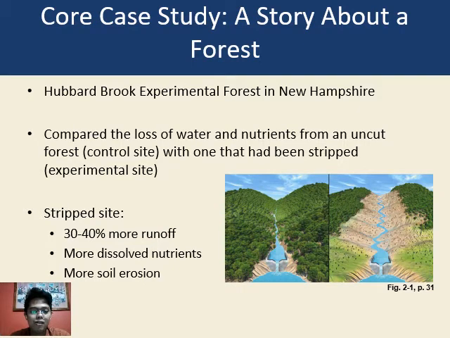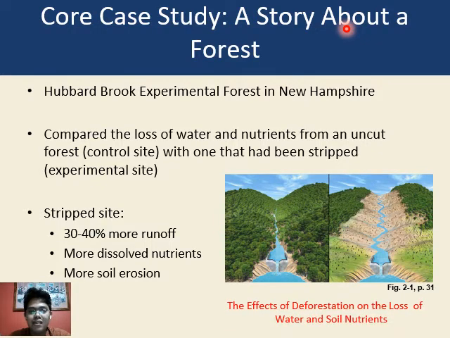In this picture, this is our control site. And this second one is our experimental site. So what did they do? They built V-shaped concrete dams across the creeks, at the bottom of several valleys in the experimental forest, so they can measure the amount of water leaving its forested valley and measure the volume and the salt nutrient content.